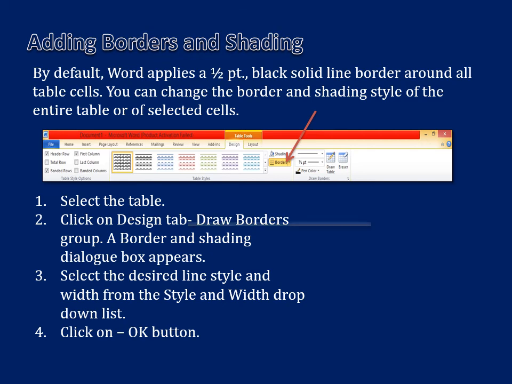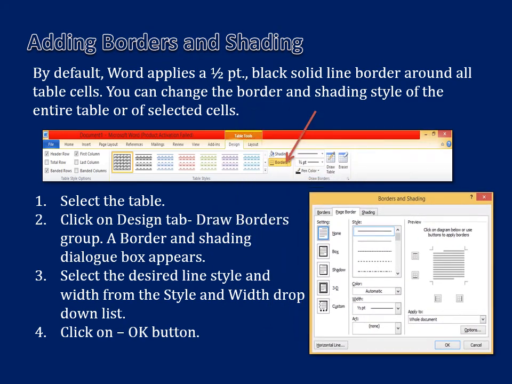As you click on the border option, this menu opens up. It has a border tab, page border and shading tab. Okay, from here you can select the desired line or width. This is the option, the drop down list. From here you can select and then you can click on the OK button. The border gets added to your table.